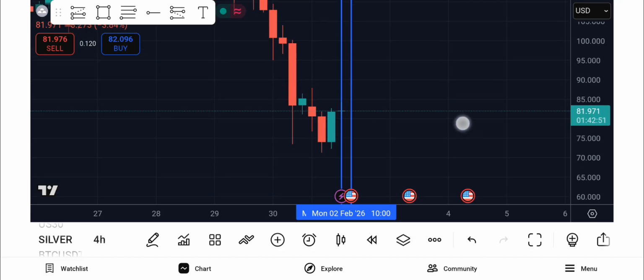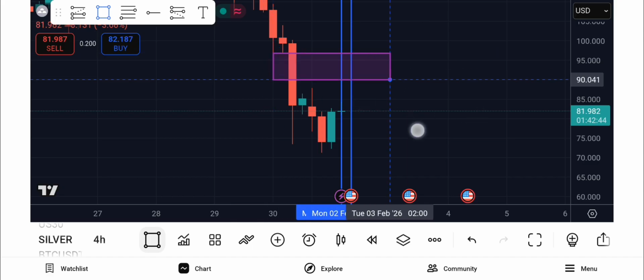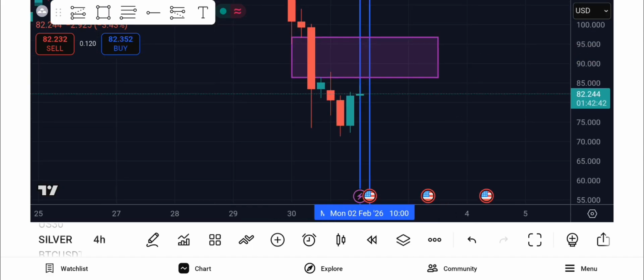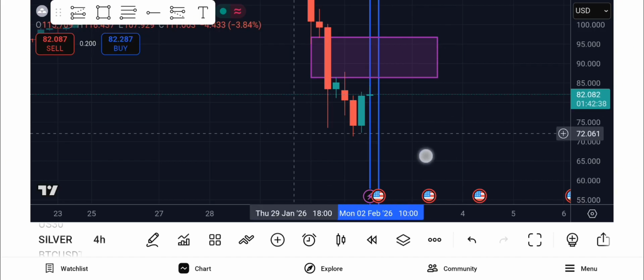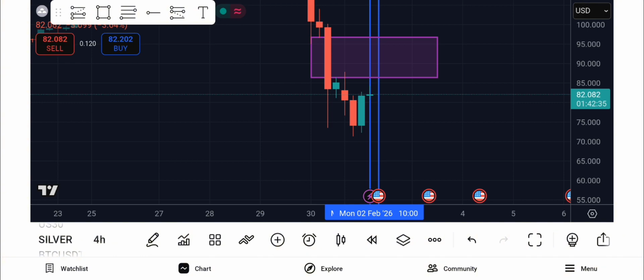We do see some fair value gap up here when we go on the 4 hour. Alright. We did see a mini liquidity grab around here, this area right here.